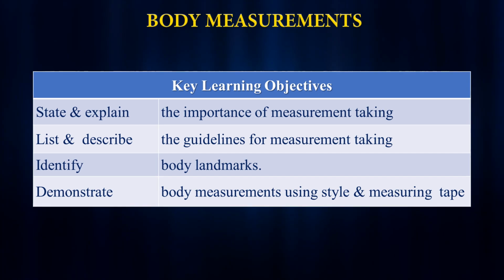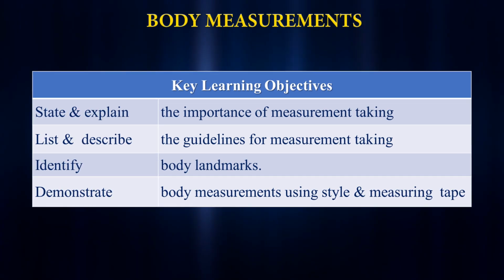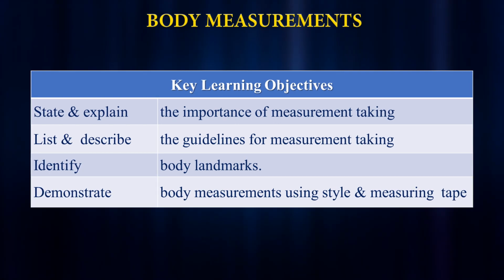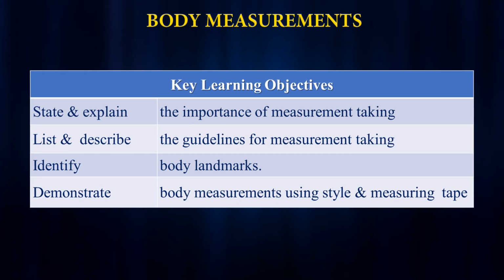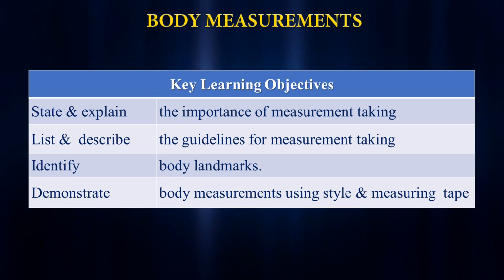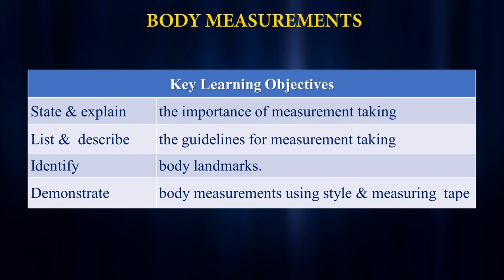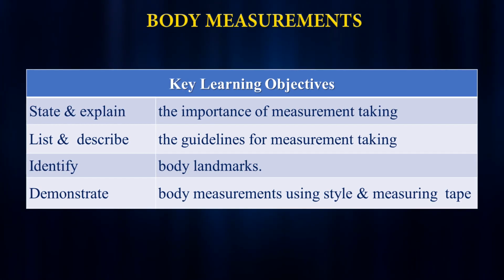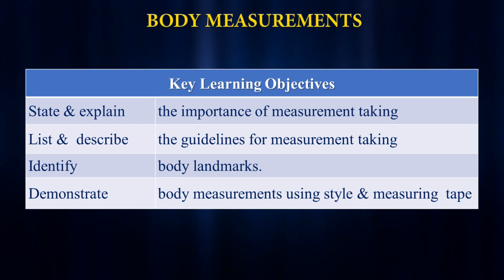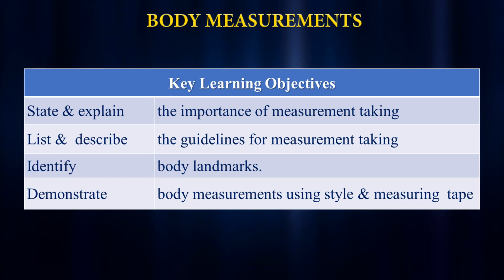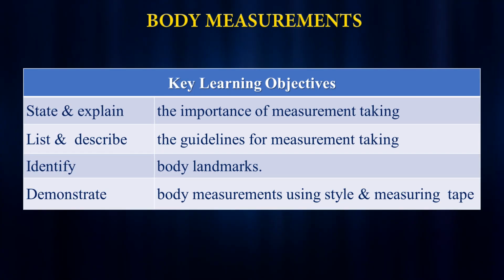Then you can identify body landmarks. When you see a body and go for creating a pattern, we don't know that there are so many landmarks or points which should be kept in mind while creating a garment. So after going through this unit, you can identify the body landmarks, and lastly you can demonstrate body measurement by using different styling tapes and body measuring tapes.